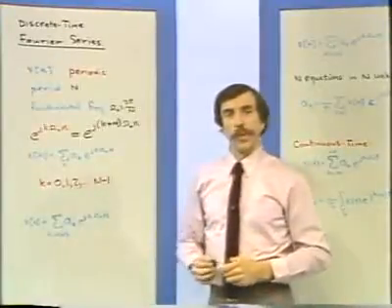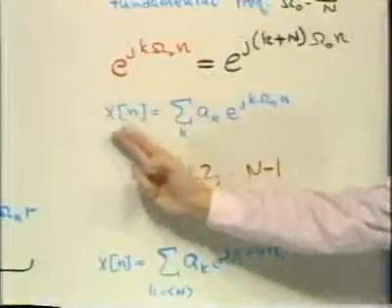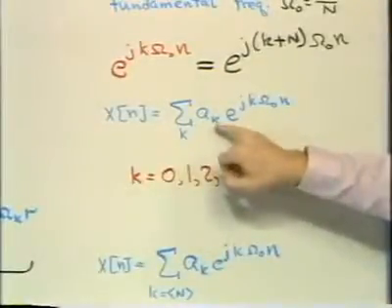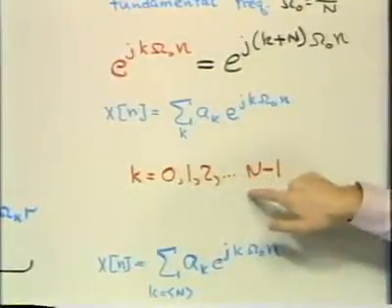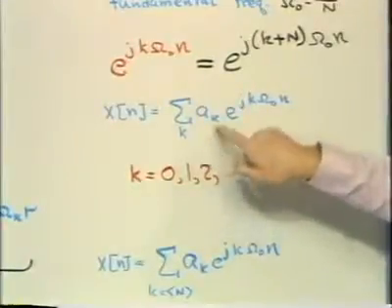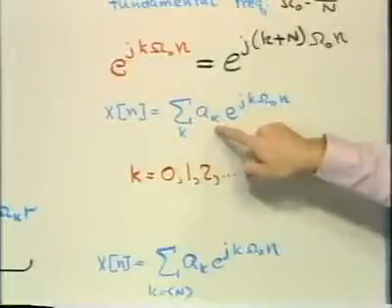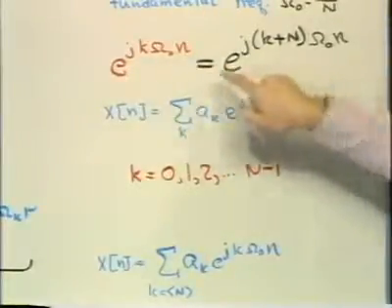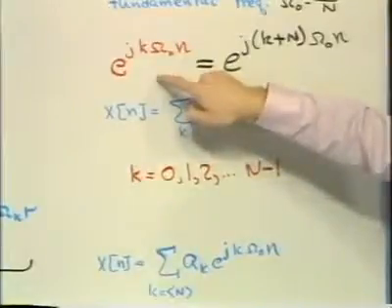Said another way, in this representation, I could alternatively choose k outside this range, thinking of these coefficients as periodically repeating in k because these complex exponentials periodically repeat in k.